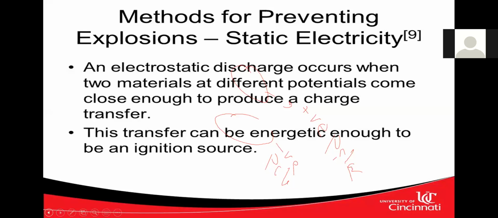So one of the most important applications for electrostatics is to prevent explosions, by having two different potentials. It means you have two different charges accumulated on the two sides.